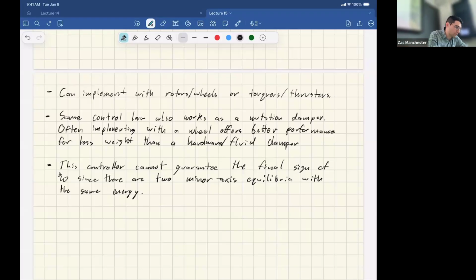So we'll have an R for each thruster crossed with the F for that thruster. And this R is the thruster position relative to the spacecraft center of mass.